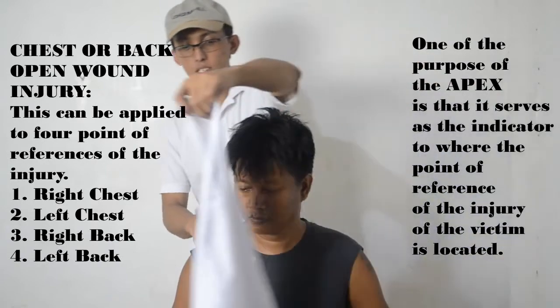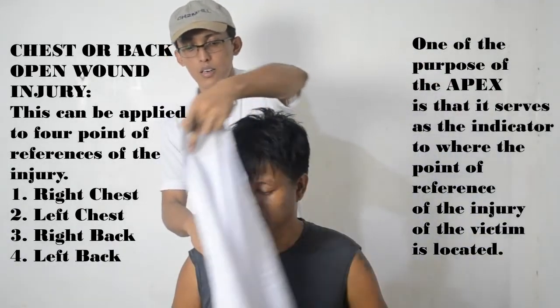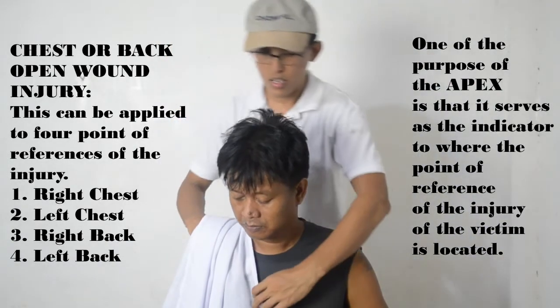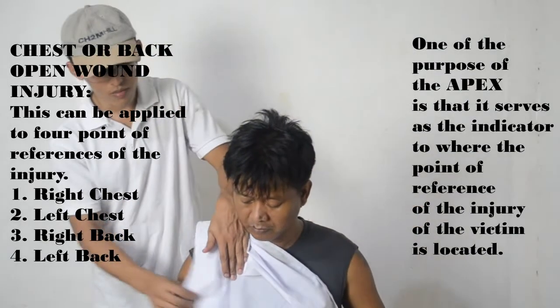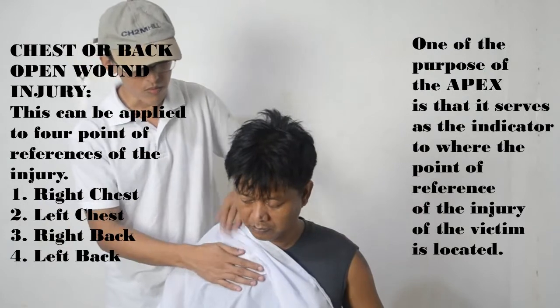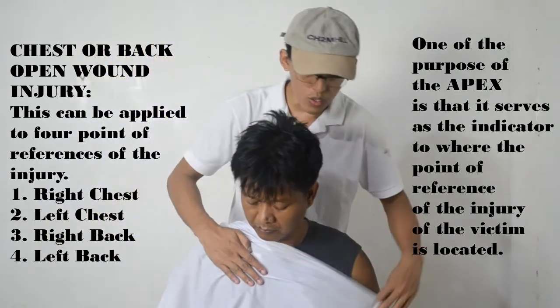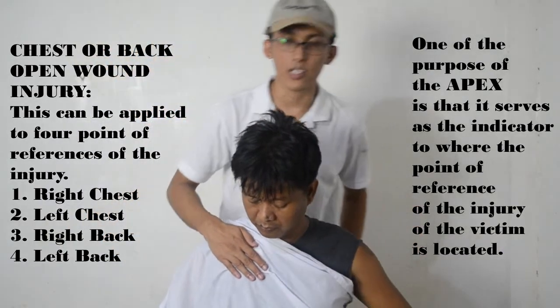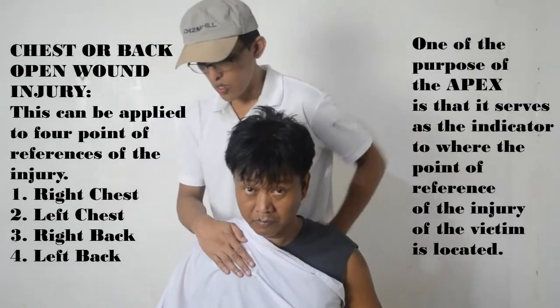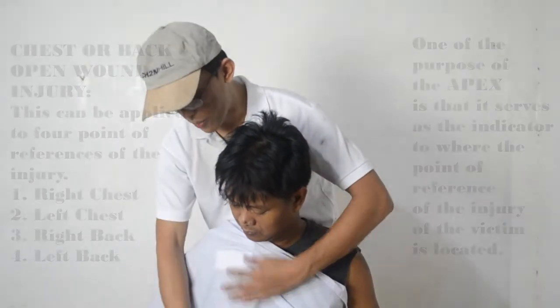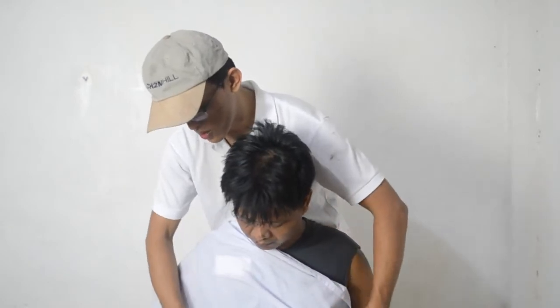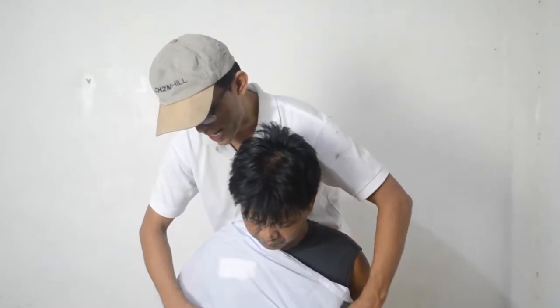So in this case, we have the injury located on the right chest. So we place the apex, and we want to make use of the triangular bandage to keep the dressing in place. So from here, what I'm going to do is fold the base just below the chest line.